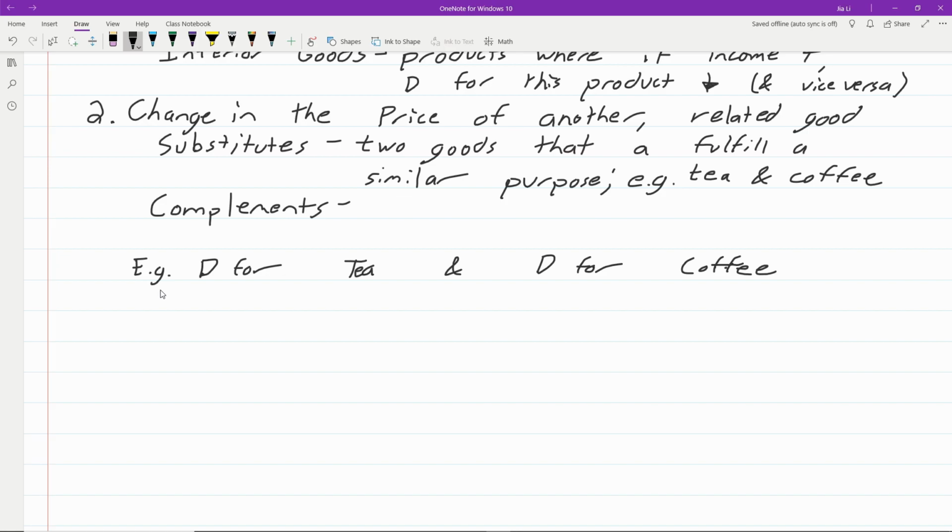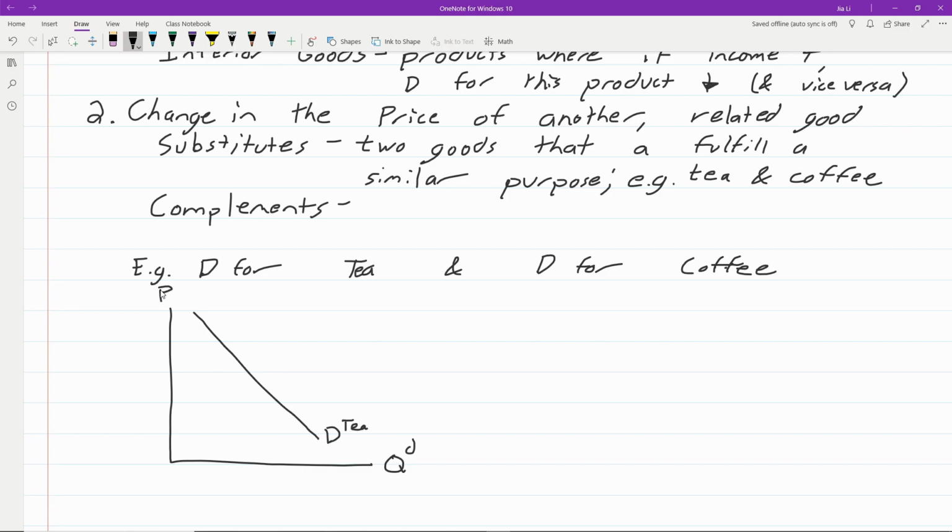Okay, so I'll just draw a little graph here, quantity demanded down here, the price of tea over here. This is the demand for tea, right? Now, actually, let's do it like this instead. I want to put tea up here. Okay. So, this is the demand for tea.